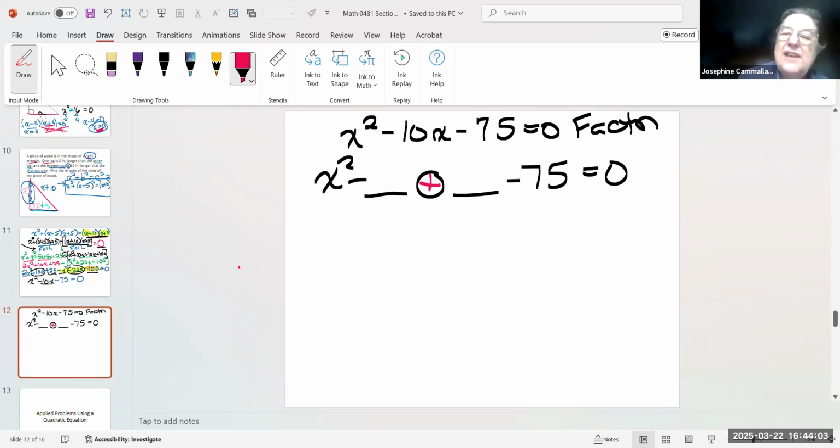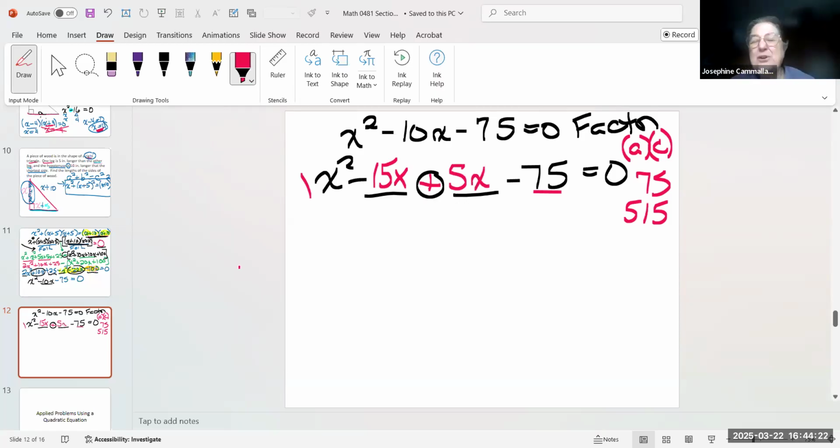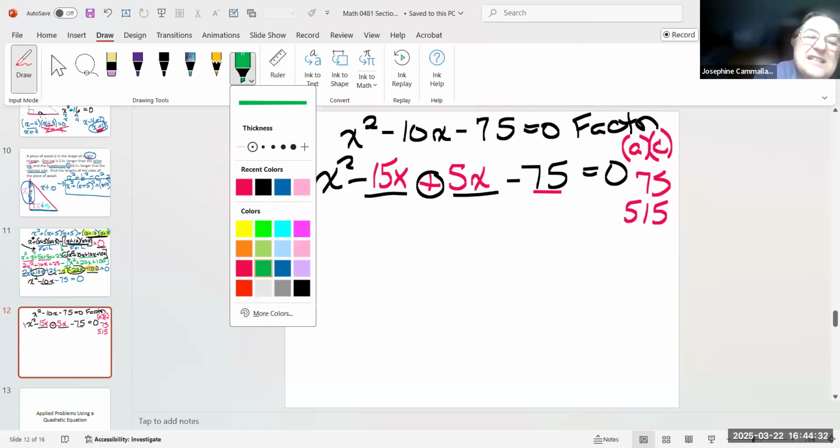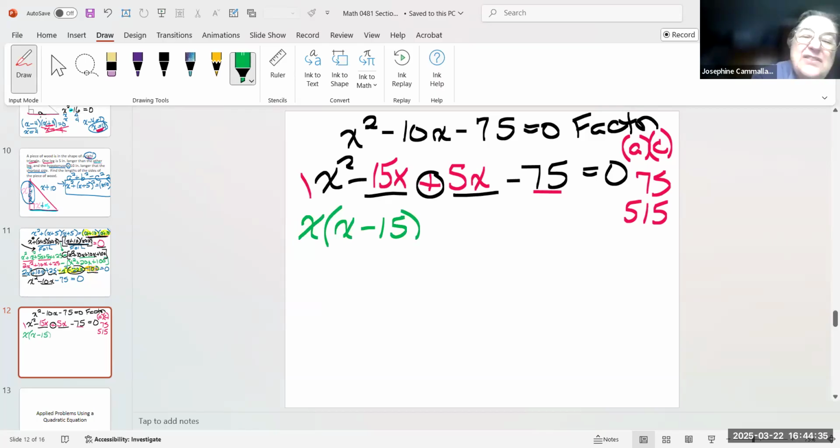Now, 1 and 75 are my A times C, which is 75. 5 times 15. 15 has to sit here. 5 has got to sit here, which means I have x minus 15 plus 5, x minus 15 is equal to 0. My parentheses are the same.